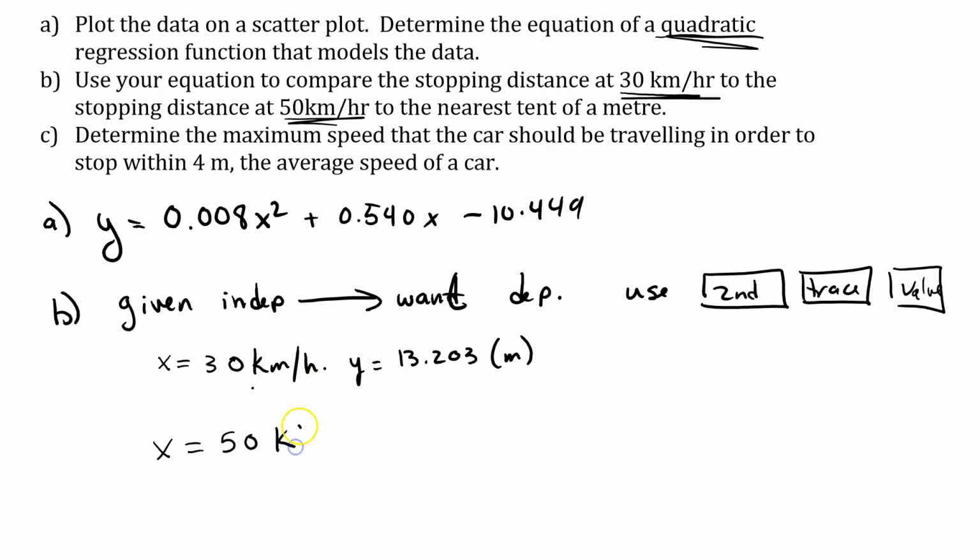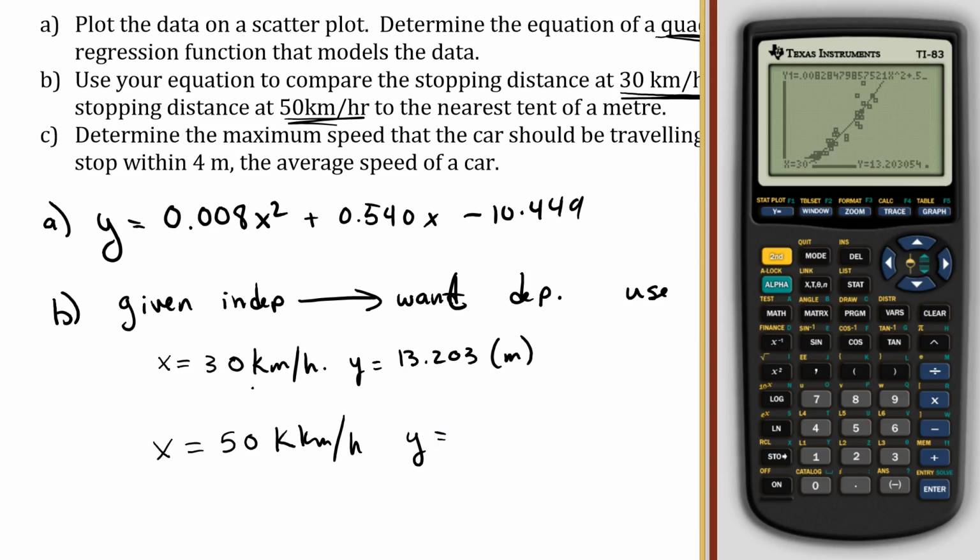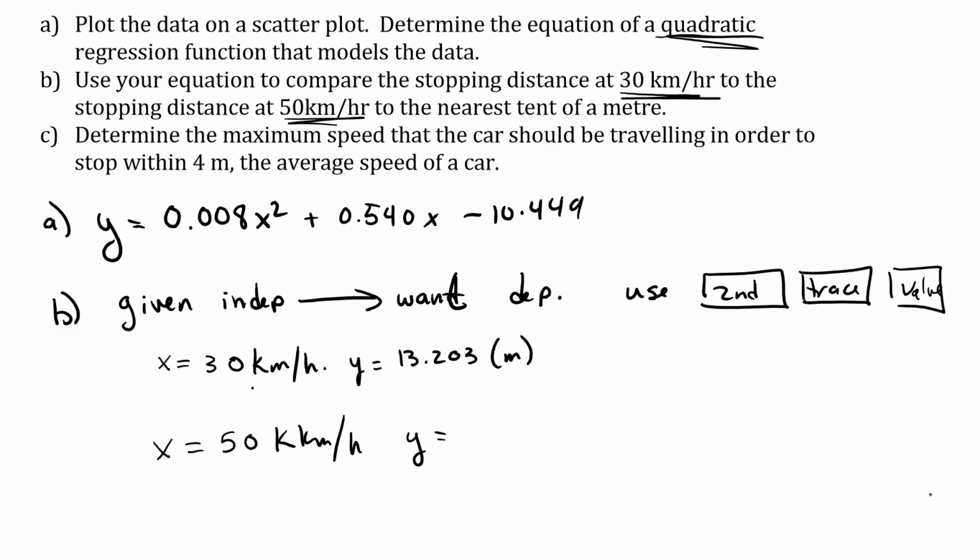Now if we're going 50 kilometers an hour, just under double, we're going to say y equals, so second, trace, value, x equals 50 kilometers an hour, and we have 37.256 meters.